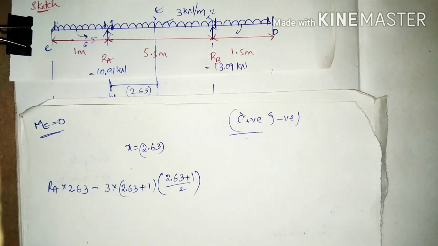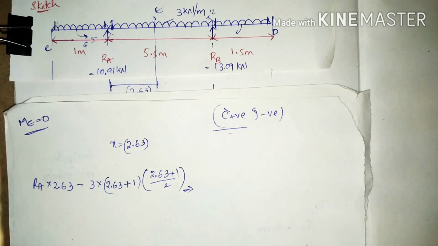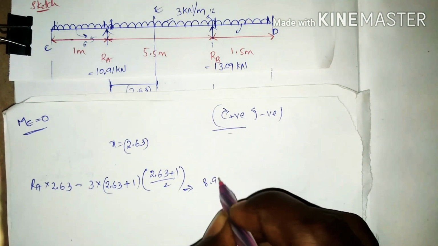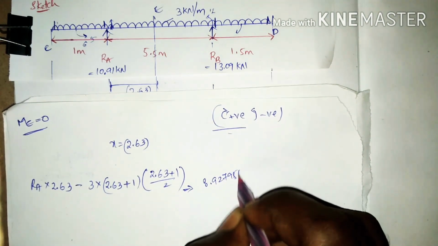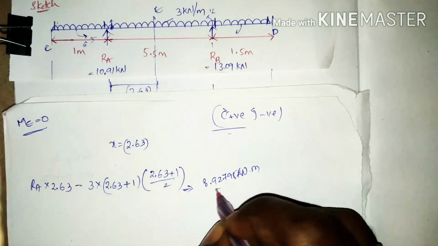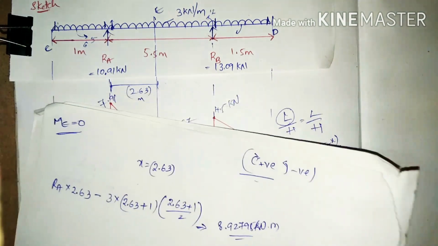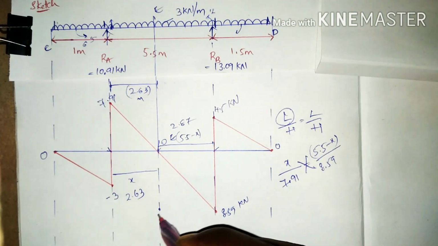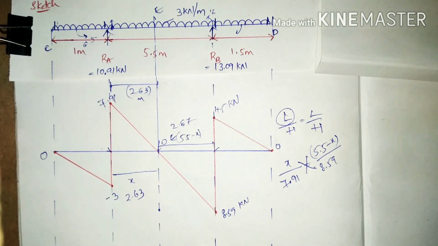Let's find the value of this. Placing the value of RA 10.91, we get 8.92795 kilonewton meter. Here the moment about E will be 8.92795. Let's draw the lines by joining these points to get the bending moment diagram.